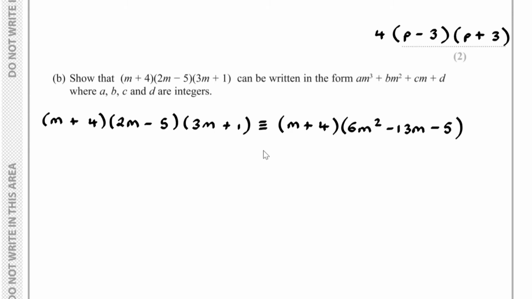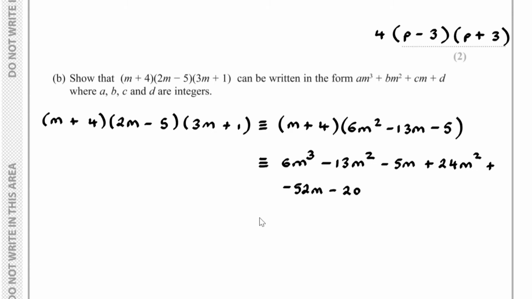So now we need to multiply all of this out. M times 6m squared, that's 6m cubed. M times minus 13m, that's minus 13m squared. M times minus 5, that's minus 5m. 4 times 6m squared, that's 24m squared. 4 times minus 13m, that's minus 52m. 4 times minus 5, that's minus 20.